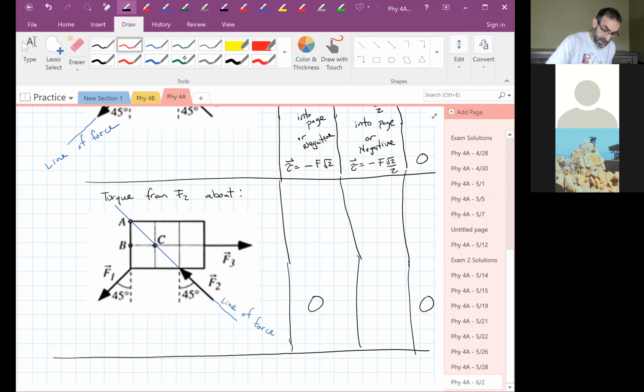And B, you have this lever arm right here. So you get F square root of 2 over 2. And is it positive or negative?